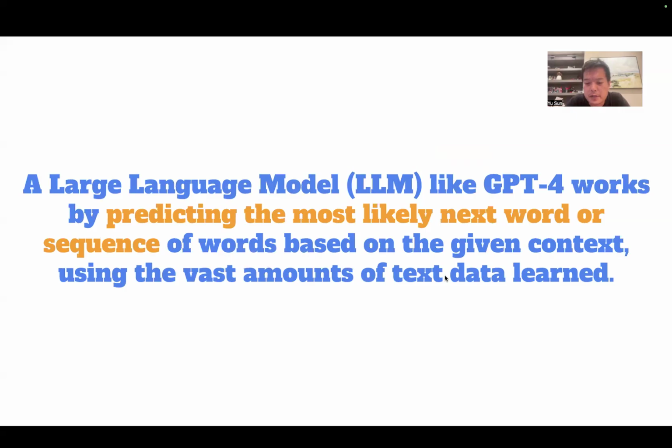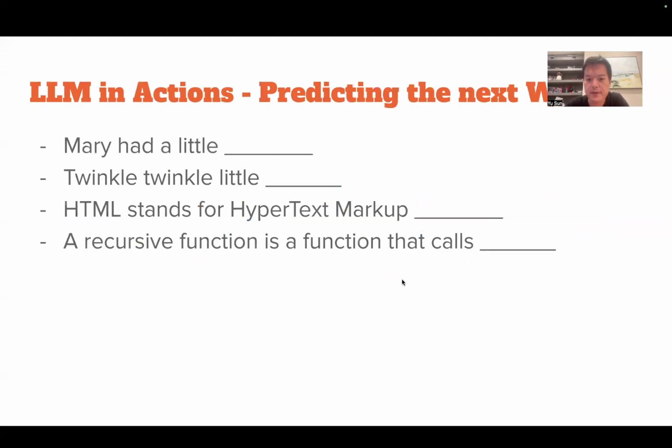Remember in the early days, we already discussed that large language models are basically trying to do one thing really well, which is predicting the most likely next word or sequence of words based on a given context, or a given sentence or string. They're constantly making the next prediction for just one token, one word, and then they attach it back and keep doing this kind of prediction.